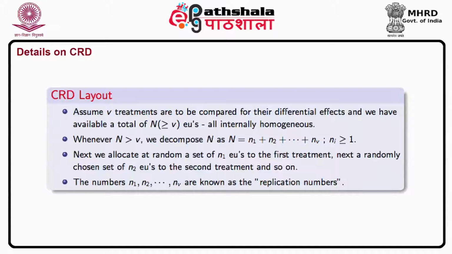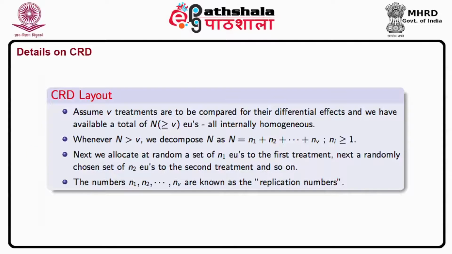So, for CRD layout, assume v treatments are to be compared for their differential effects and we have available a total of N, which is greater than or equal to v, experimental units all internally homogeneous. Now whenever capital N is more than small v, we decompose N as N = n1 + n2 + ... + nv such that each ni is greater than or equal to 1.